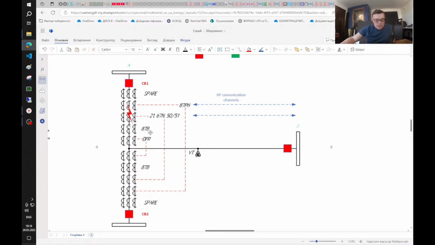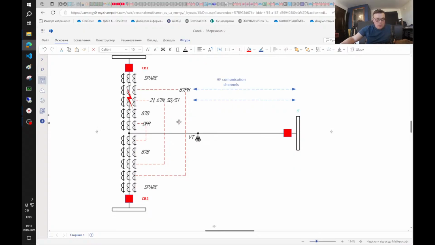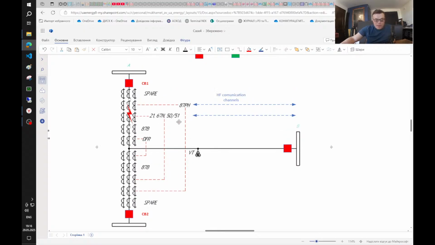As I said, all protections are electromechanical, except the digital fault recorder. Each protection is connected to two CTs and sees the sum of the currents of each circuit breaker. Also, we have a line VT.